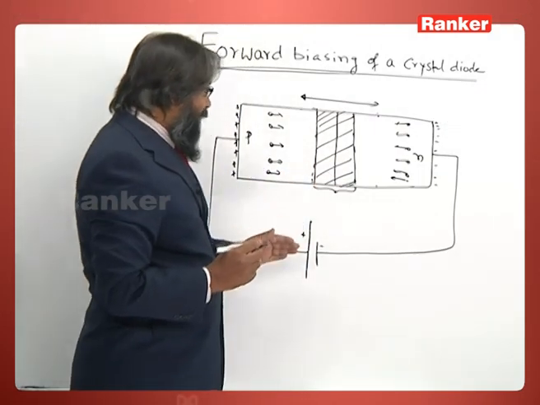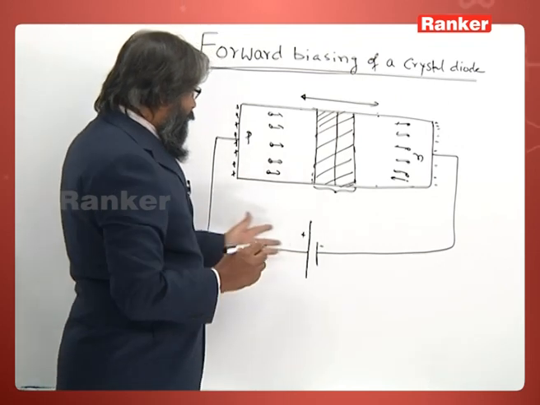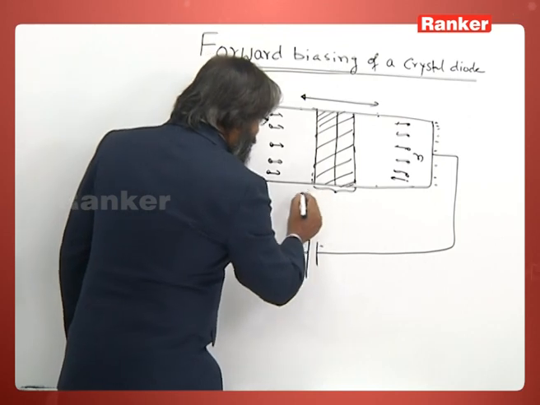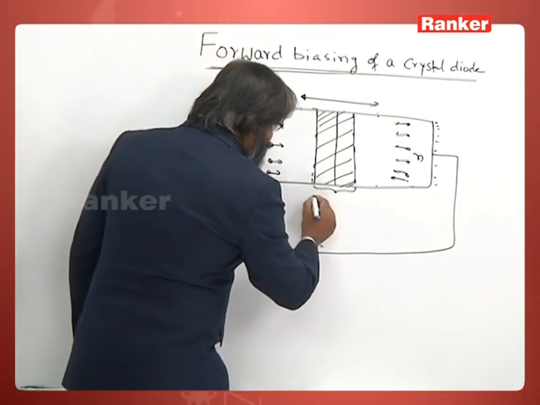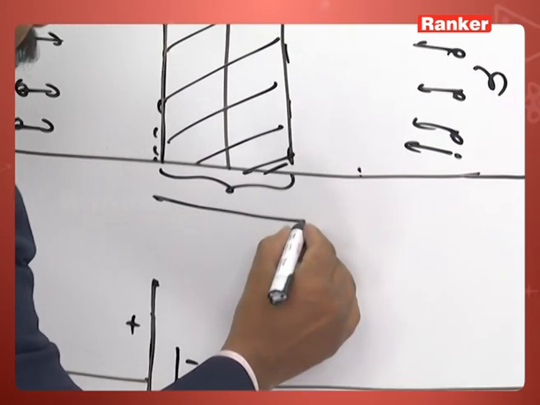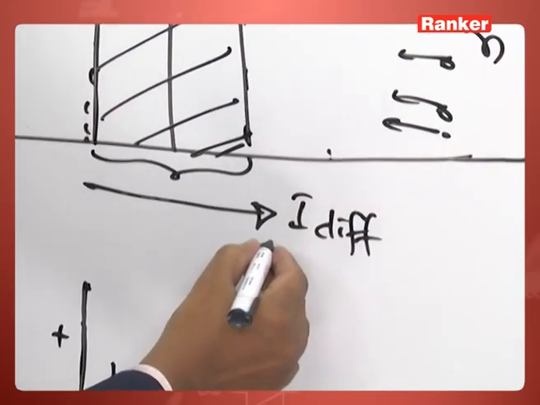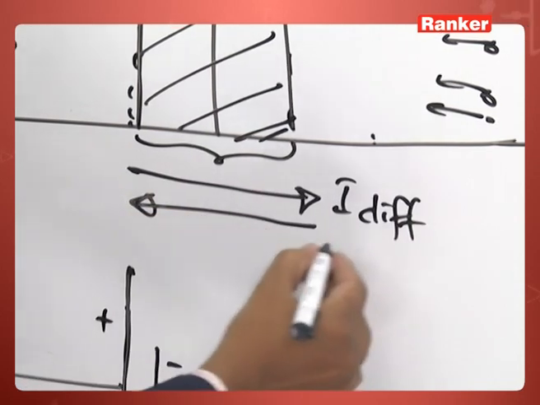So, what has happened, due to this forward biasing, there was previously a diffusion current in this direction, this was I diffusion, and there was an I drift.